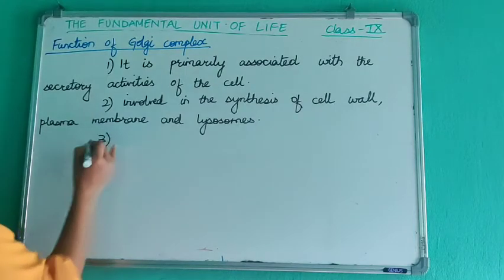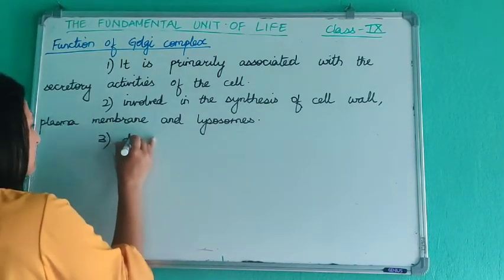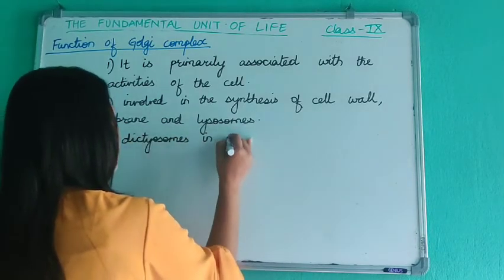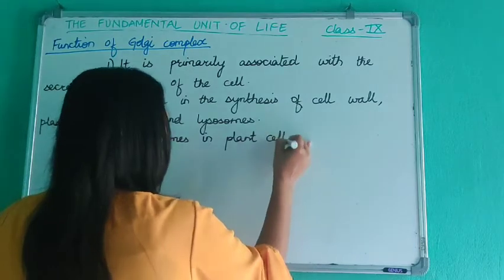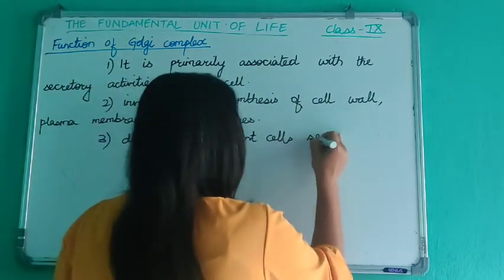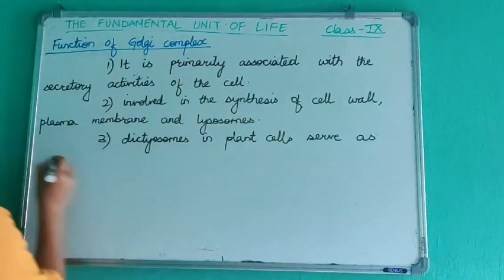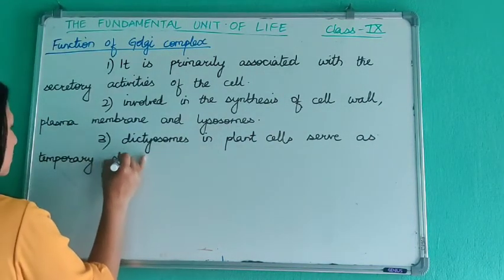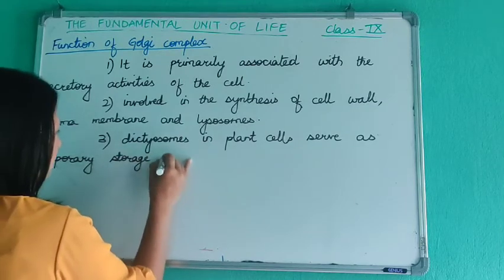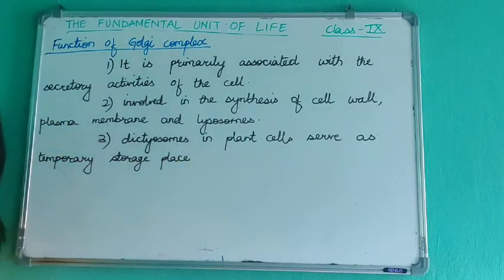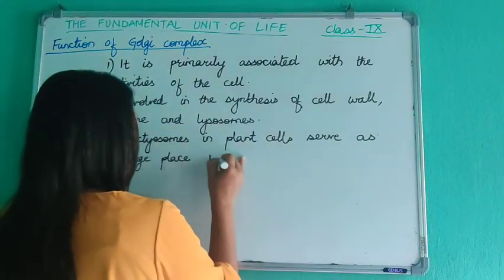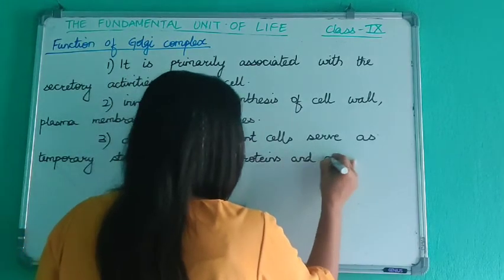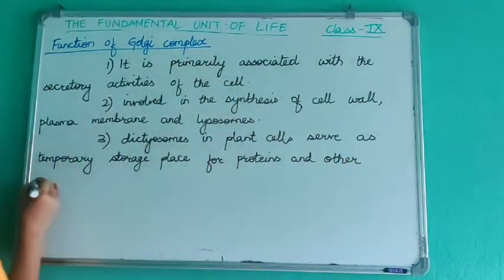Okay, and the third function, dictyosomes, that is present in plants. Dictyosomes in plant cells, okay, यो चाहिँ plant cells मा मात्रै हुन्छ, serve as temporary storage place for proteins and other synthesized products.